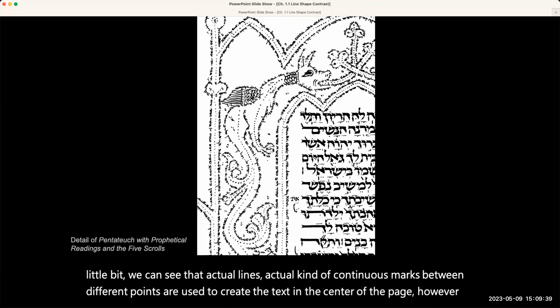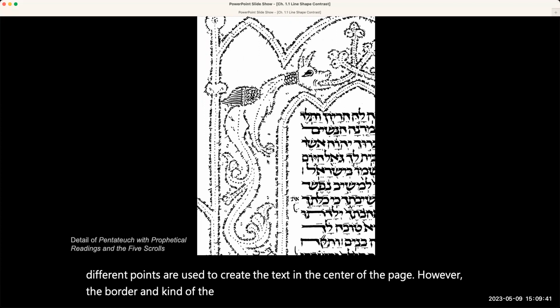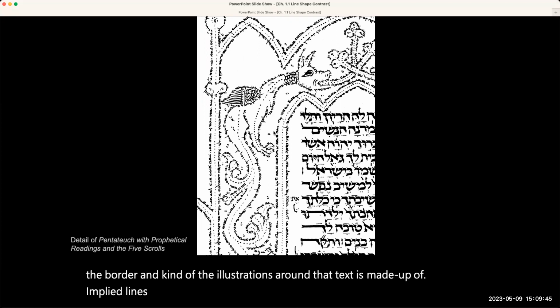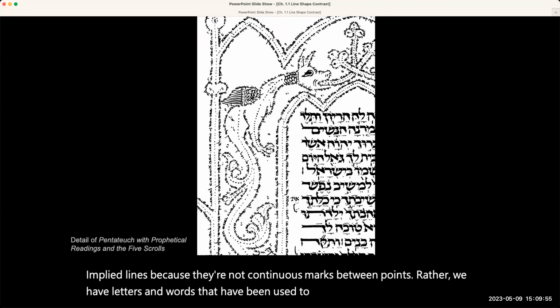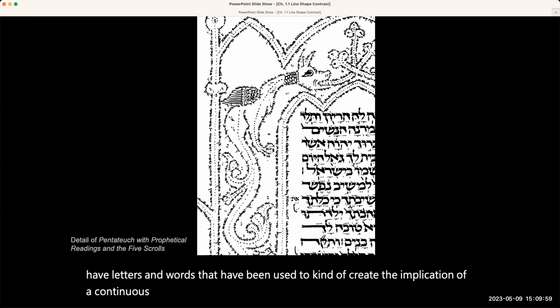However, the border and the illustrations around that text are made up of implied lines because they're not continuous marks between points. Rather, we have letters and words that have been used to create the implication of a continuous line here.